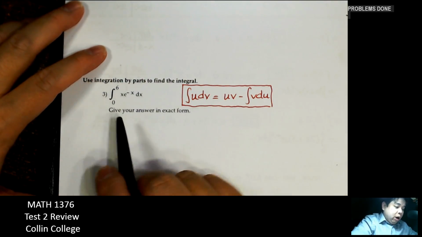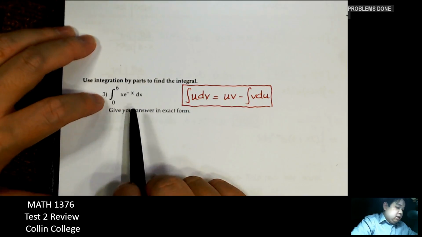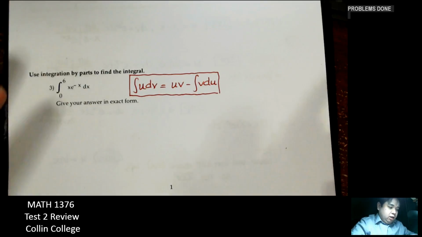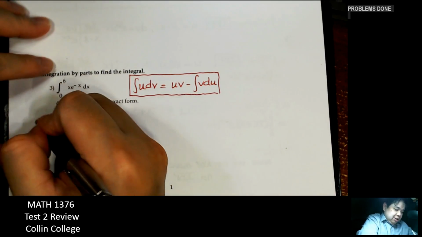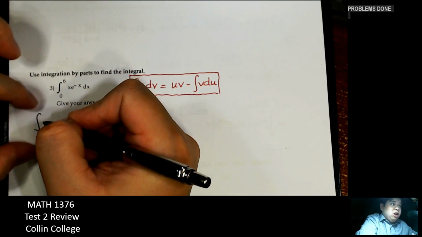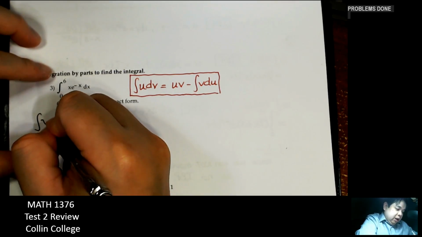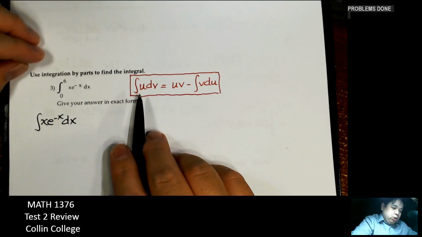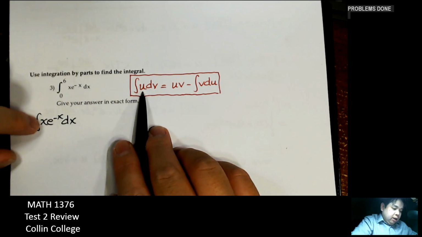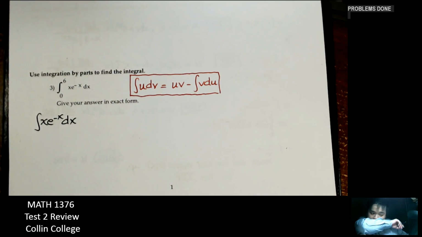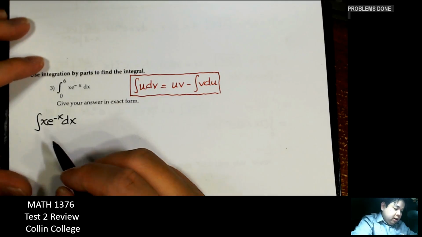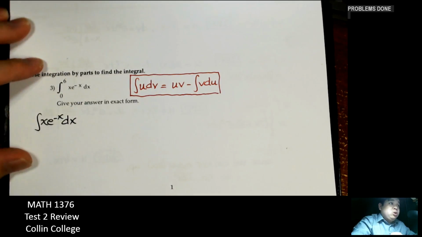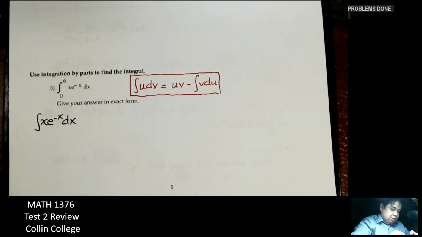Right. So I will do the integral first, indefinite integral, and after that I will deal with the limits later. So we ignore the limit for a moment. So u will be x, and then the v will be e to the negative x.